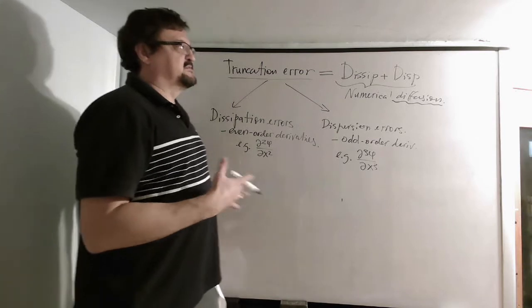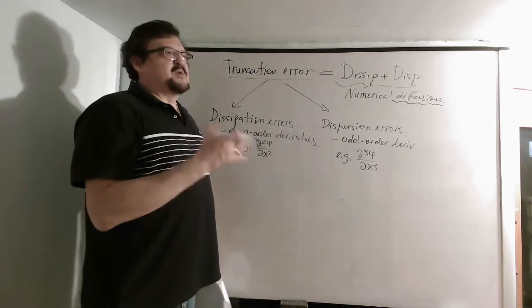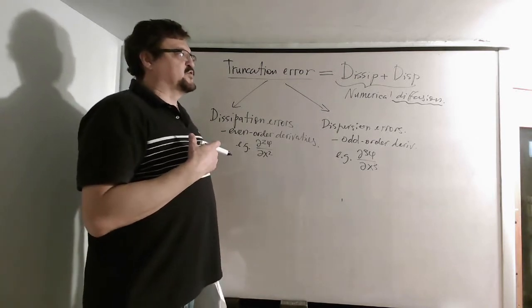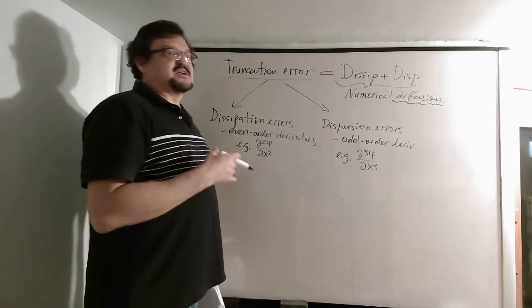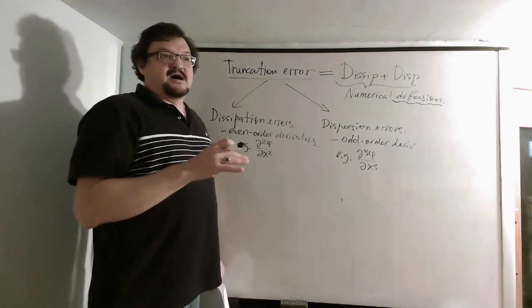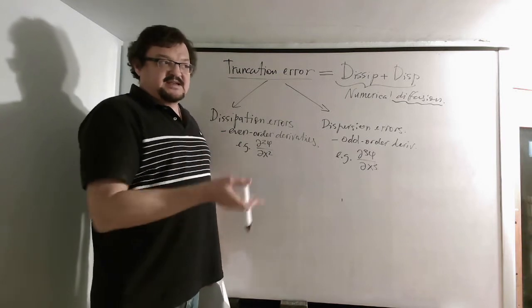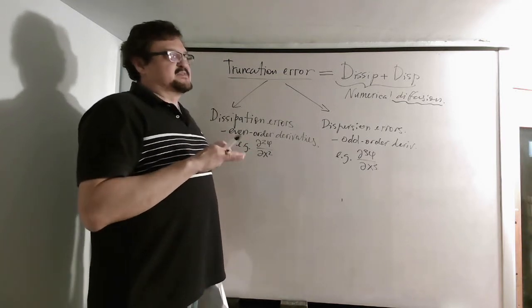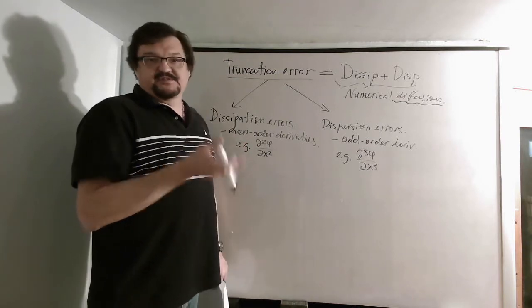So people say that this numerical scheme has, of course, all numerical schemes have numerical diffusion, but some of them are mostly dissipative, and some of those schemes can be mostly dispersive.